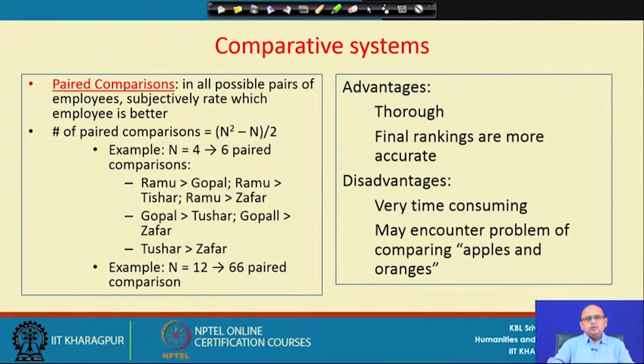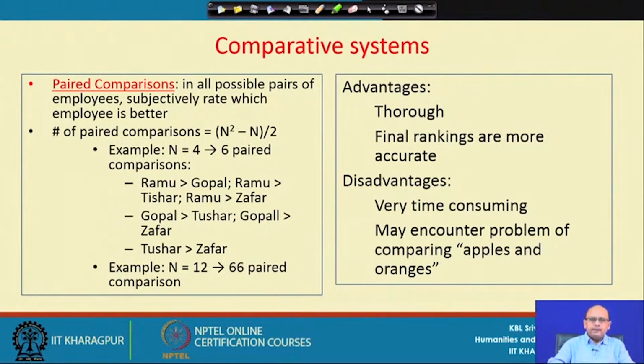The number of paired comparisons is going to be n squared minus n, divided by 2. So, if there are 4 people, you are going to have 6 pairs. Ramu is compared with Gopal, Ramu with Tushar, Ramu with Jafar. Gopal is compared with Tushar, Gopal with Jafar, and finally Tushar with Jafar. So, with 4 people you make 6 comparisons, and then you again go for ranking.